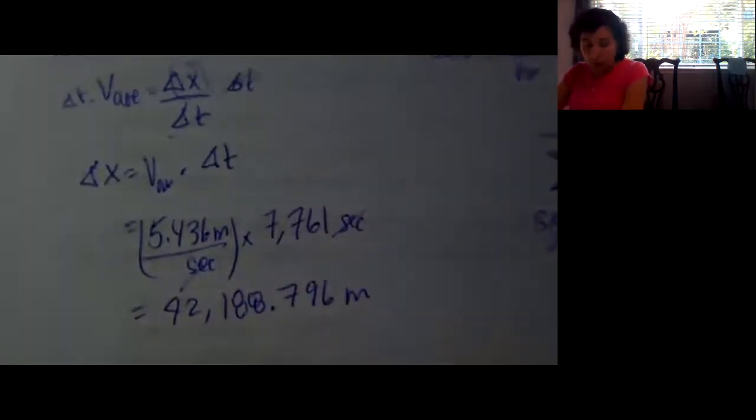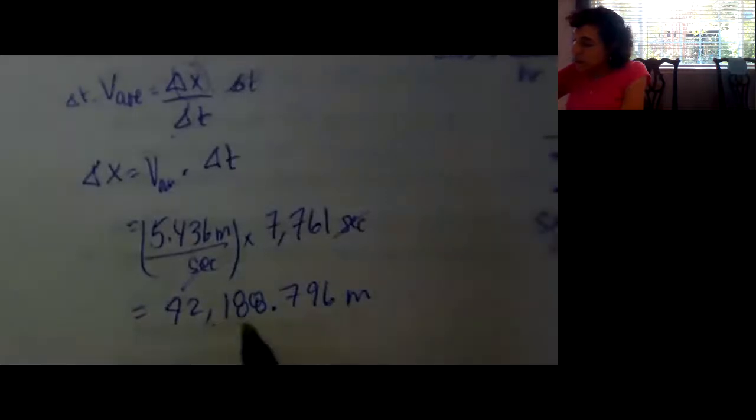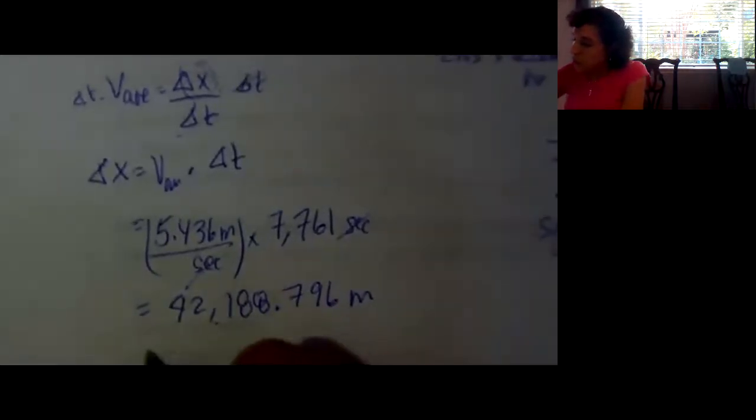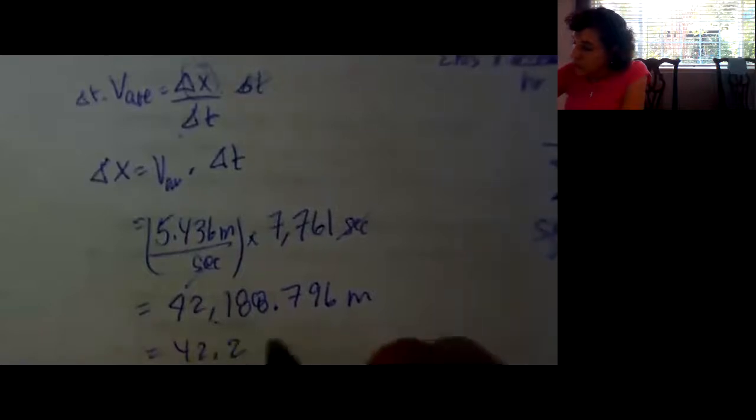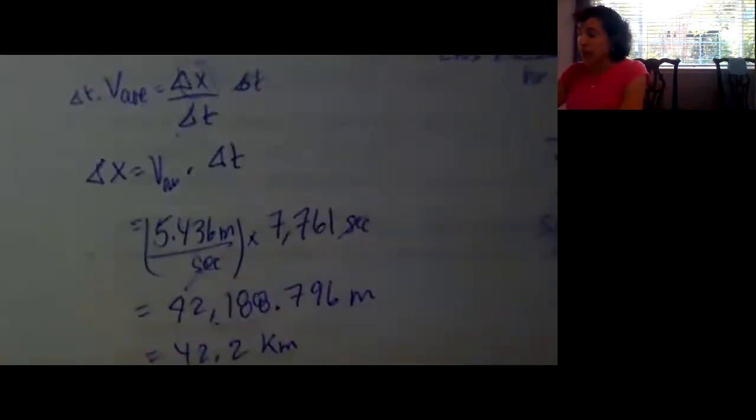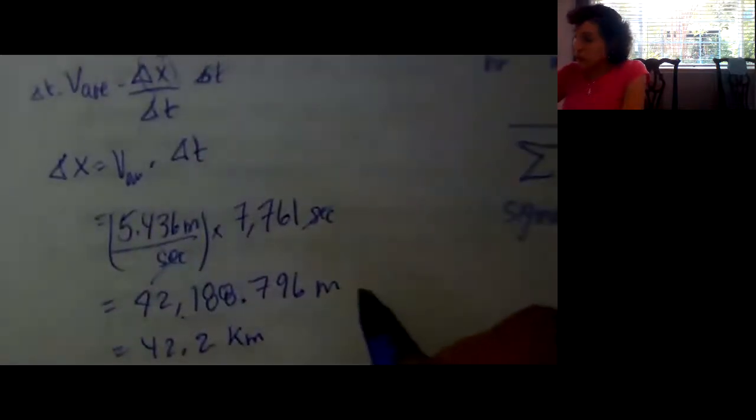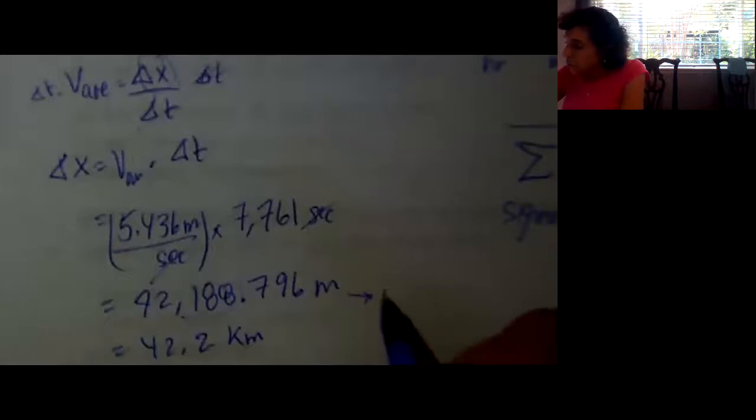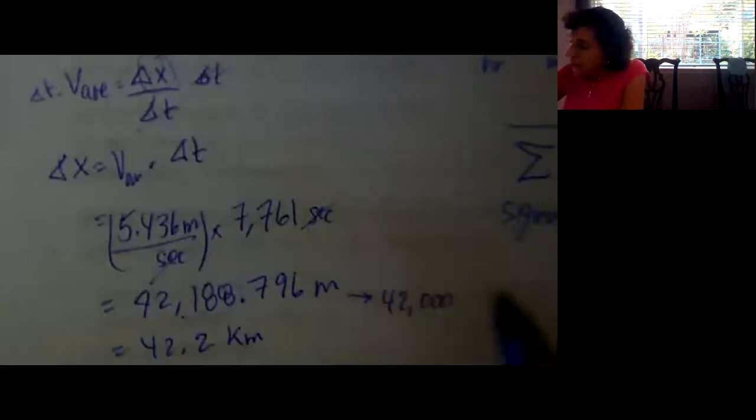By the way, as soon as I see 1,000, I recognize that's a kilometer. So I'm like, ooh, look at that. It's 42.2 kilometers. That'll come with time for you guys. You could have said, oh, that's about 42,000 meters.